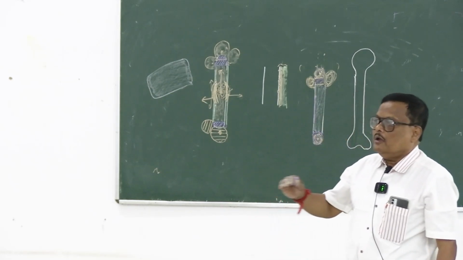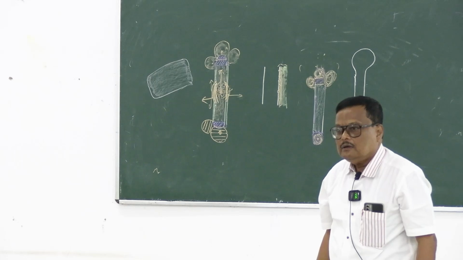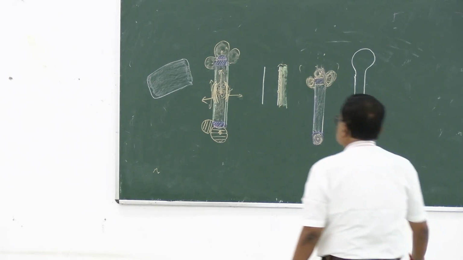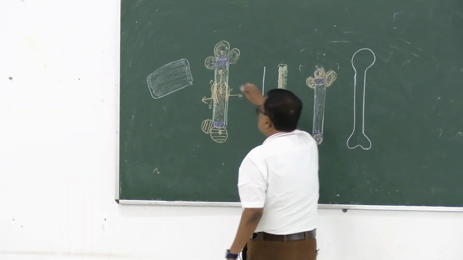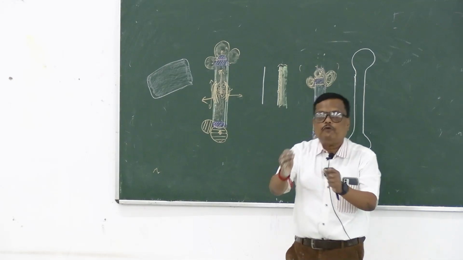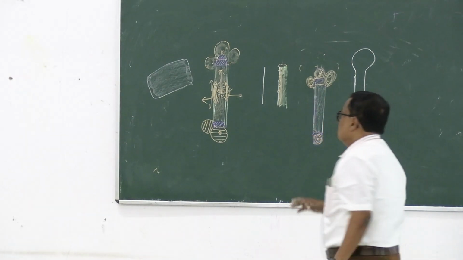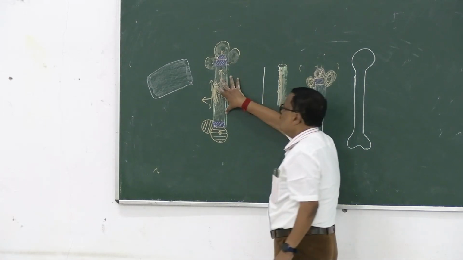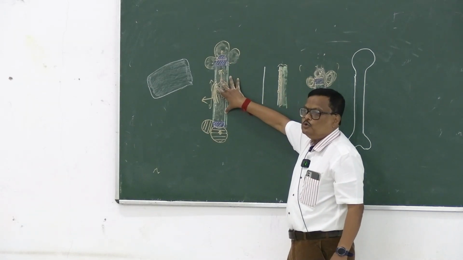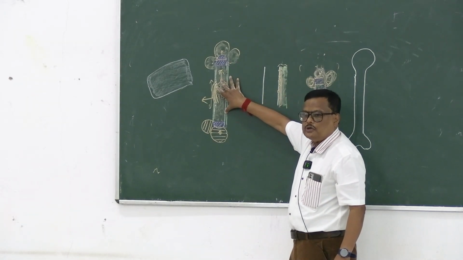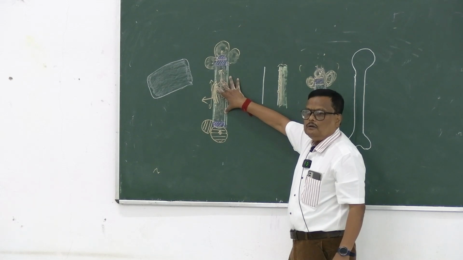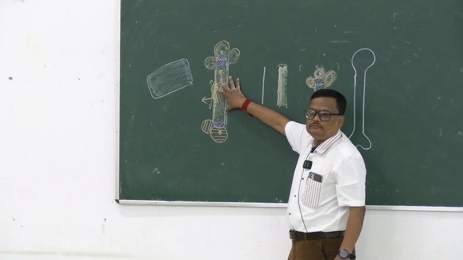The baby is growing, almost reaching puberty. For example, a 14 to 15-year-old young boy or young girl, there is a bone produced from the primary center of ossification, we call it the diaphysis.